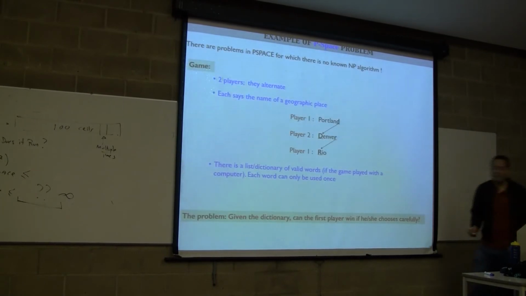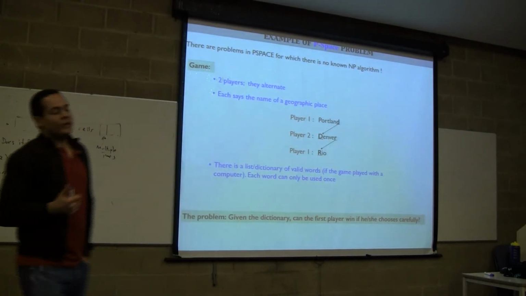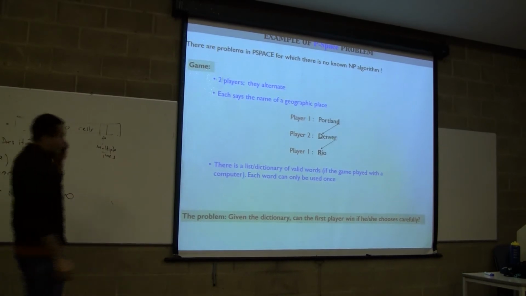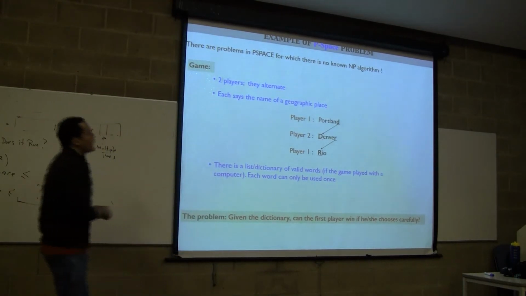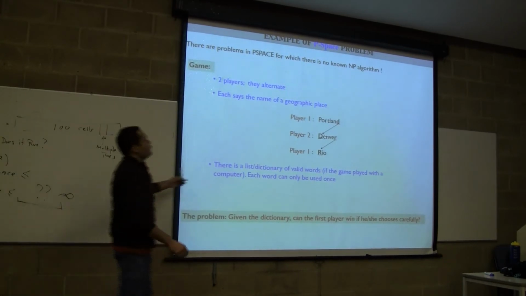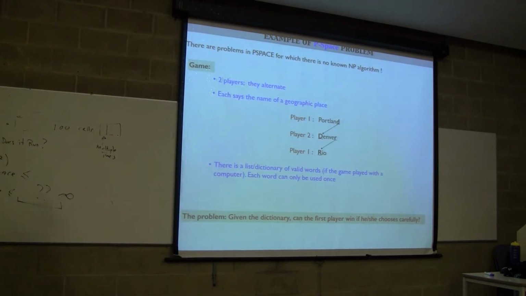An example of a PSPACE algorithm is, for instance, chess games. Chess games generate very huge search spaces and incur a lot of space when you're trying to solve these kinds of problems. Another example is a game played between two players, where you have a list or a dictionary of valid words, in this particular case geographic places.